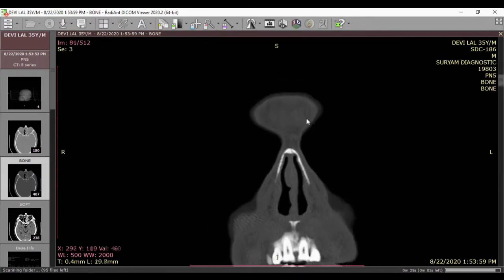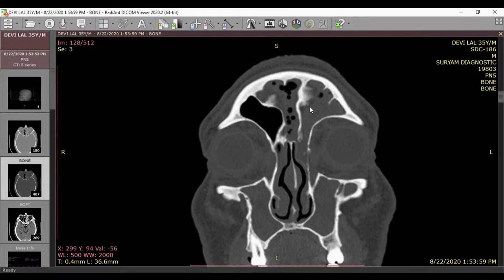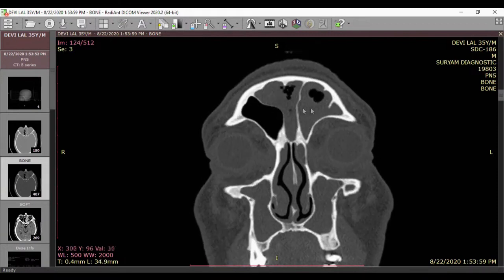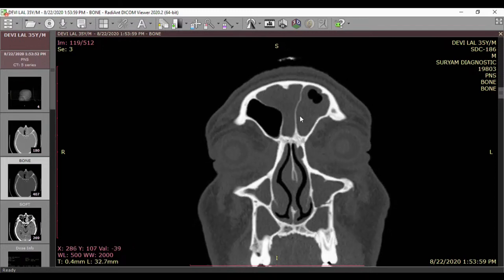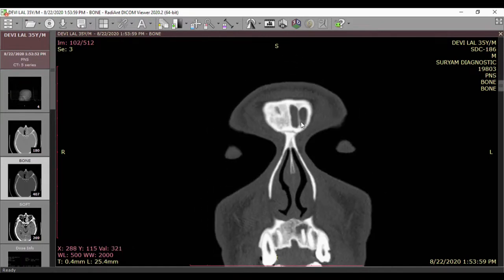See this particular scan. See the sinuses, frontal sinus. It looks like 3 frontal sinuses. This is not 3 frontal sinuses. See, I am going behind. Now see the value of dynamic radiology. Beak is there. Amongst all these cells, intersinus septal cells are the most anterior cells. Most anterior cells.